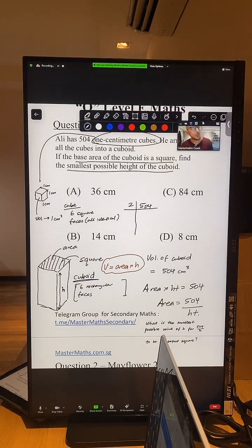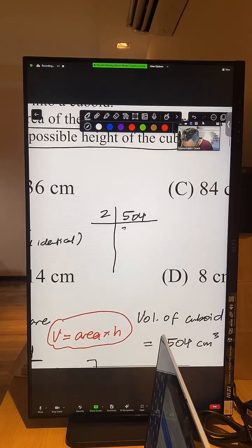So 504 divided by 2. This one is prime factorization. 504 divided by 2, I get 252.